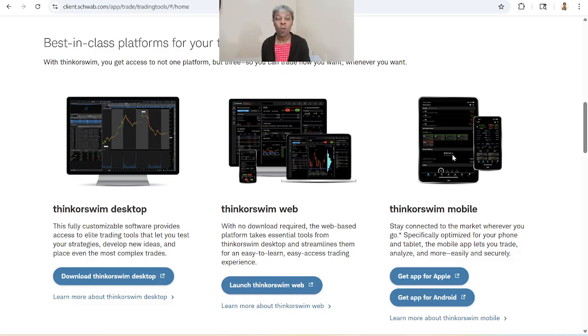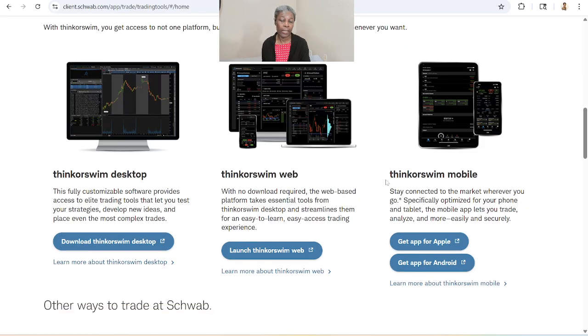They have the mobile version. If you use a cell phone a lot, maybe you might like the mobile version, but I don't use a cell phone for those things. So that is the platform that I use for swing trading. I don't place orders to buy or to sell on Thinkorswim. I just go straight to my Charles Schwab account to do it there.